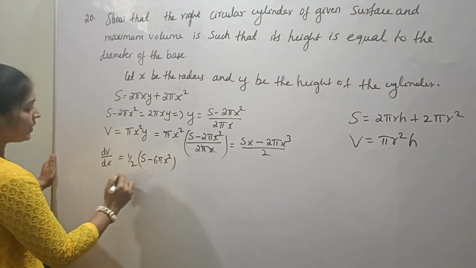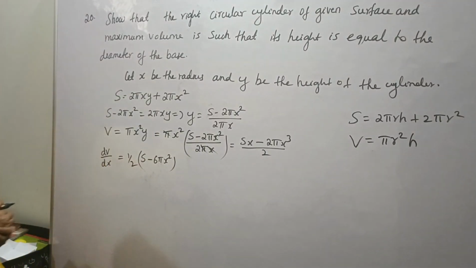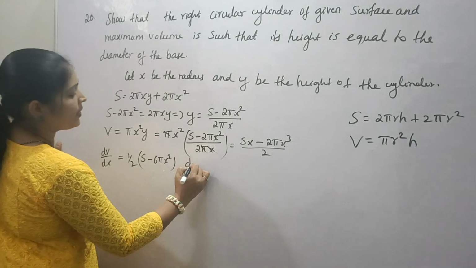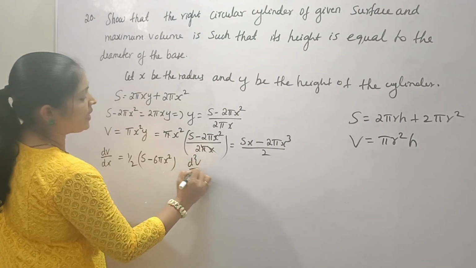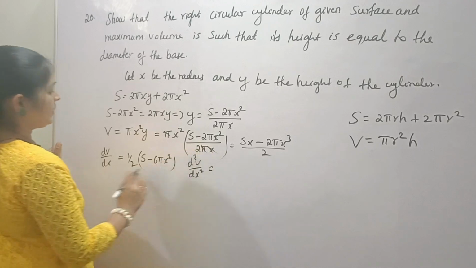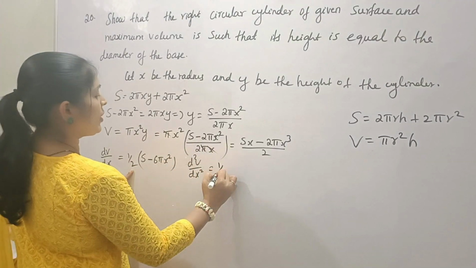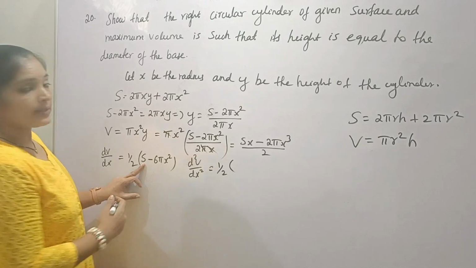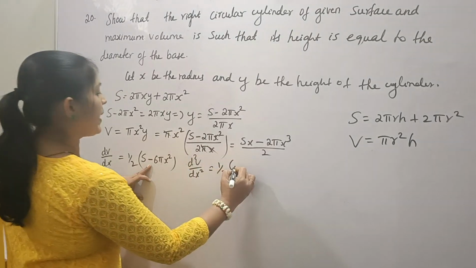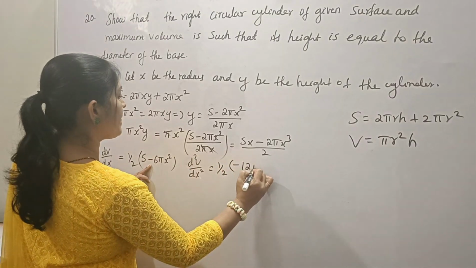Now dV by dx is equal to 0. Let's find d square V by dx square. That is 1 by 2 into the derivative of S, which is constant, 0, so minus 12 pi.